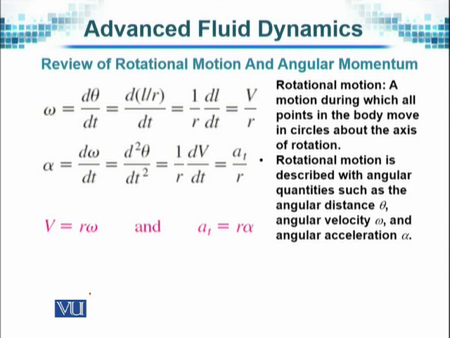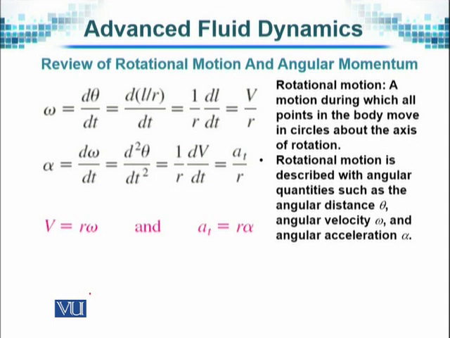The angular acceleration alpha is the rate of change of angular velocity with respect to time. So alpha will be d omega by dt, which is d squared theta by dt squared, and substituting the values of d theta by dt, we obtain alpha equal to at over r, that is the tangential acceleration over r.